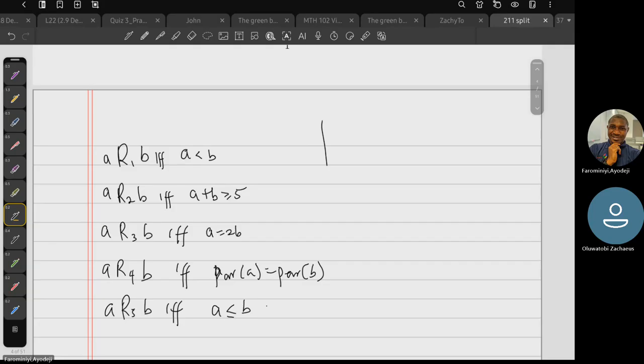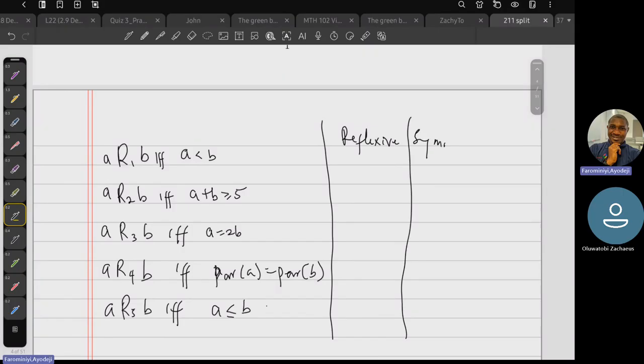So we have seen reflexivity, we have seen symmetricity, and we are now looking at transitivity. For R1, reflexive, we said no, it's not reflexive. Symmetric, we said no, it's not symmetric. What about R2?